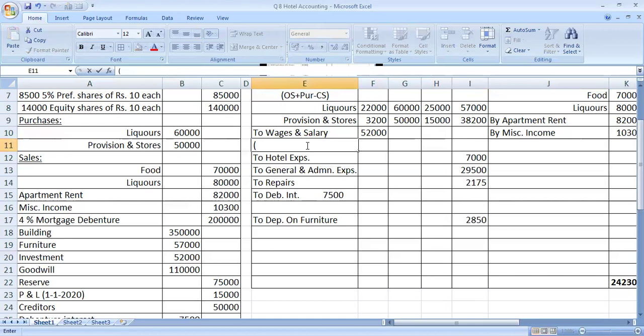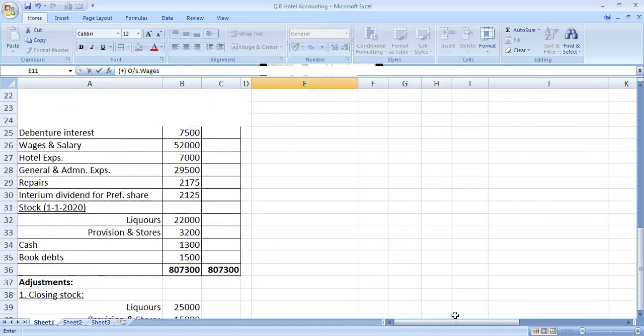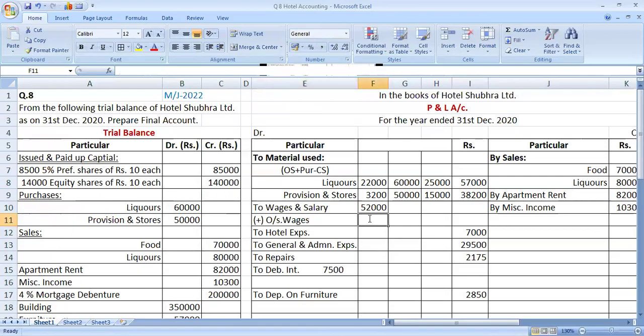Add outstanding wages amount rupees 15,000. Total of this 67,000.